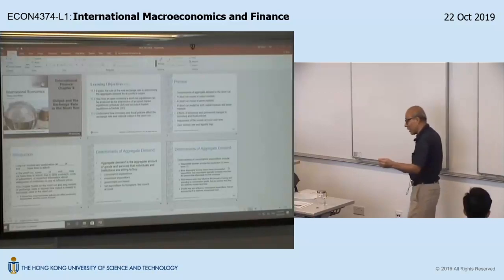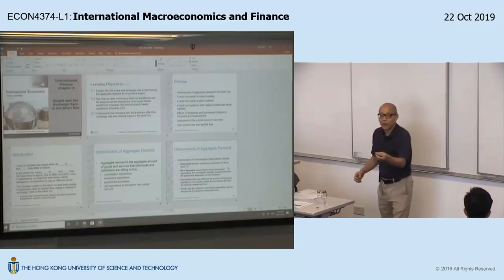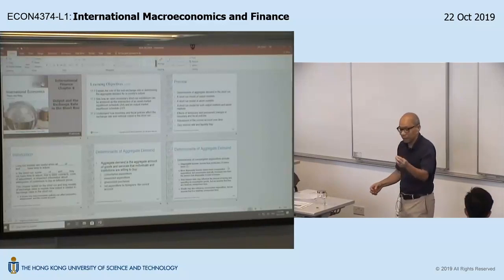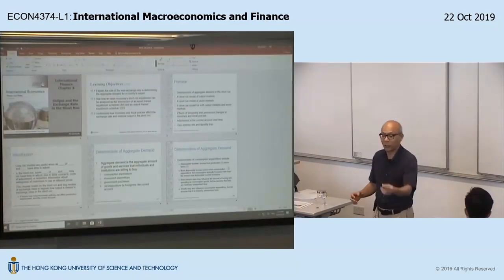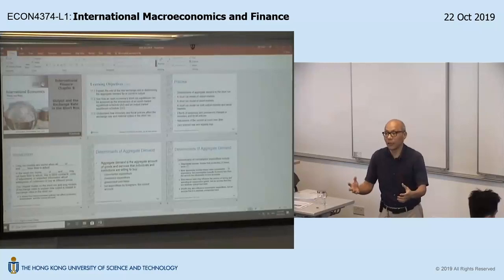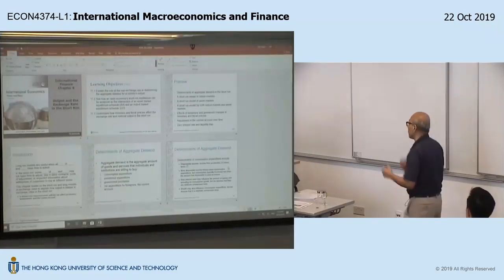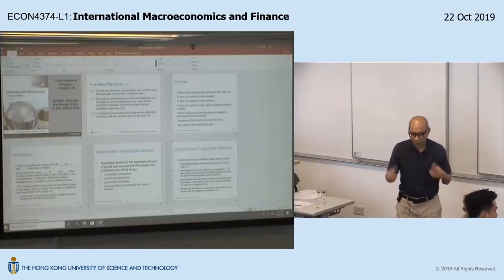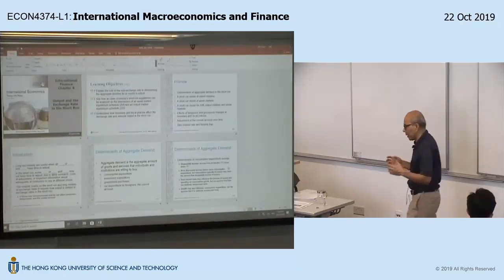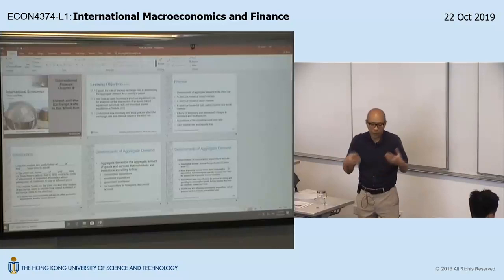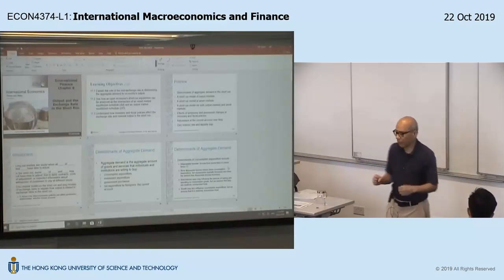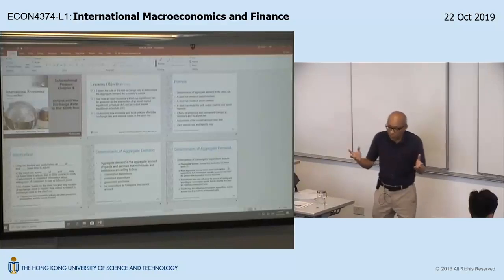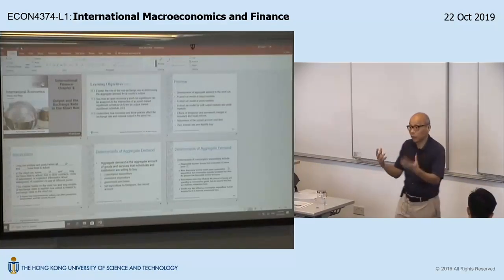Okay. So in the last few chapters we talked about the money market equilibrium. We talked about the exchange rate, foreign exchange market equilibrium. We put them together, and then we talked about how, let's say, monetary policy will affect various variables in the short run as well as long run. Right?